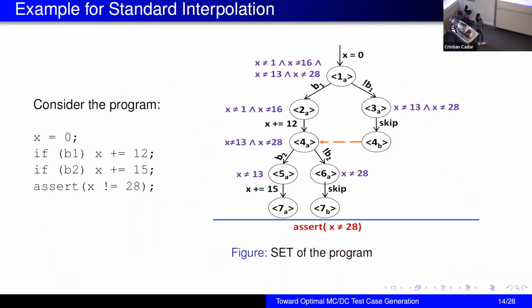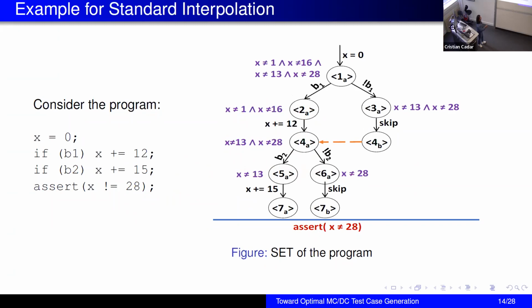We can understand this with an example. In this example, we are trying to prove that x is not equal to 28. This is the corresponding symbolic execution tree where program points 4a and 4b are the same. When we reach 4a and traverse these two subtrees, we obtain this particular interpolant for program point 4a.